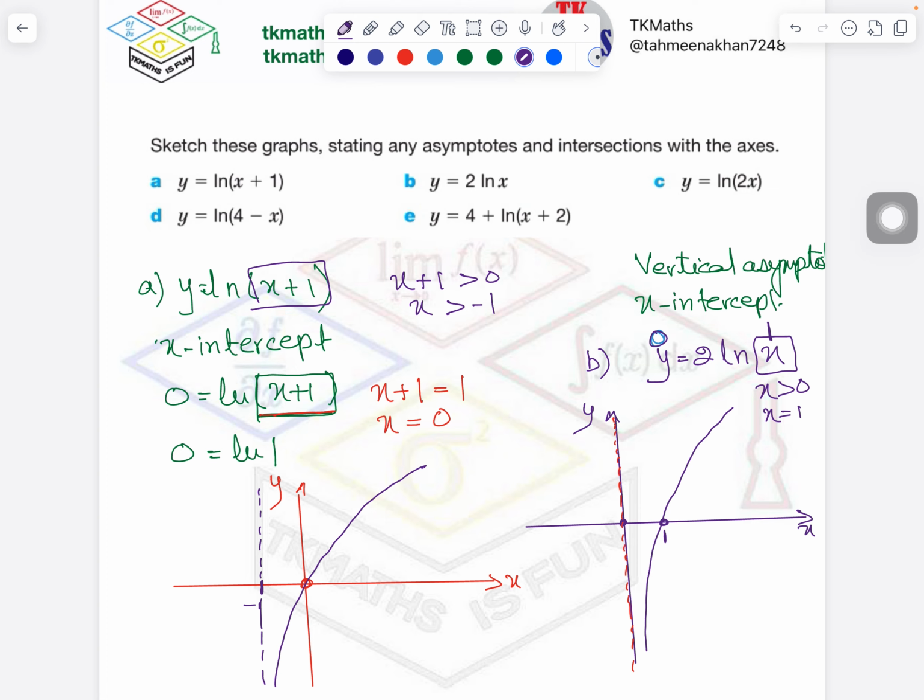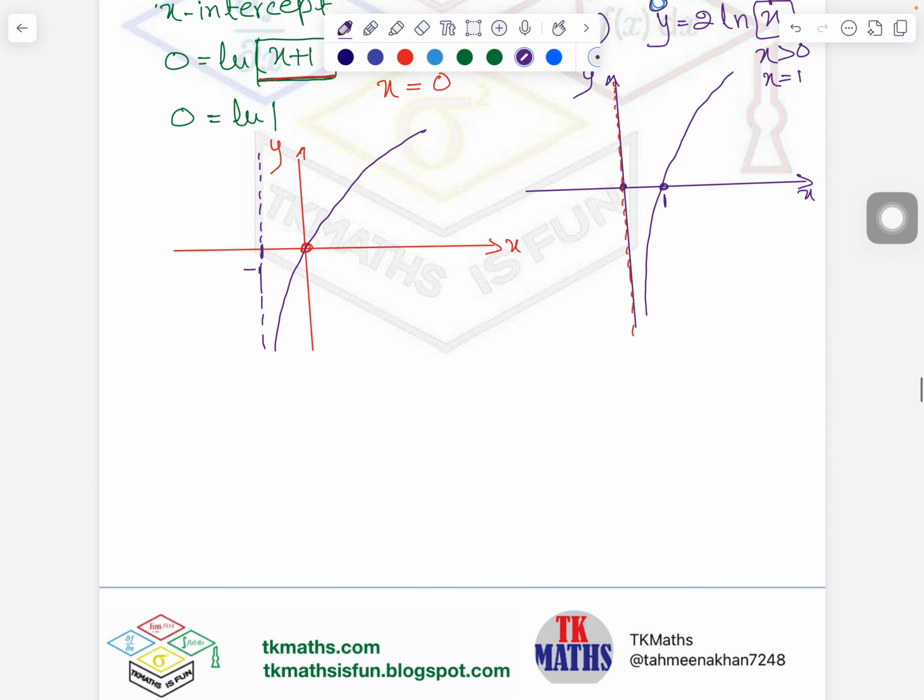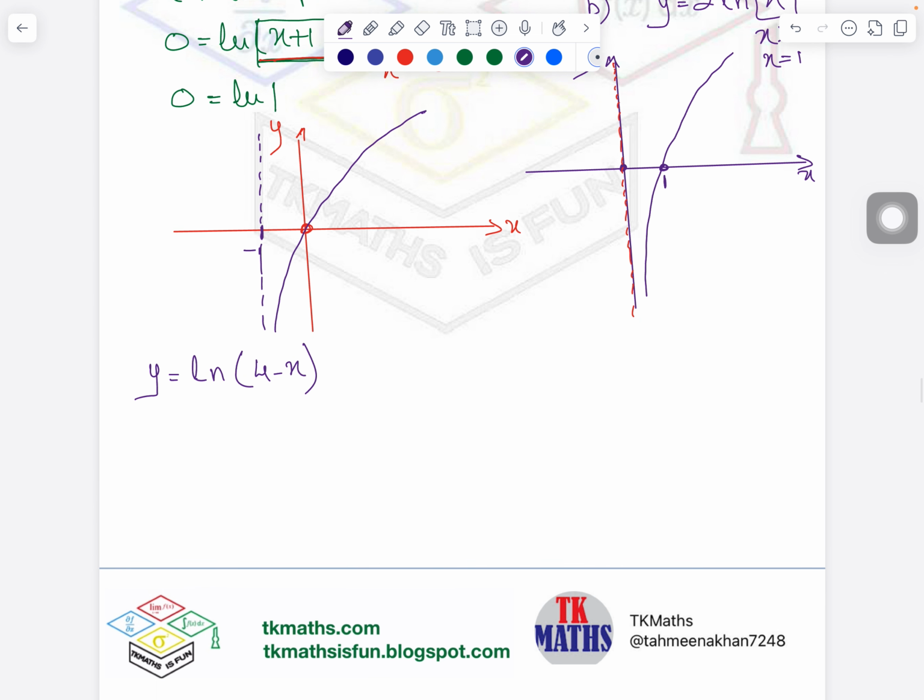Now let me do part D, which is ln(4 minus x). So y is equal to ln(4 minus x). So let me draw here the x and y axes first of all.